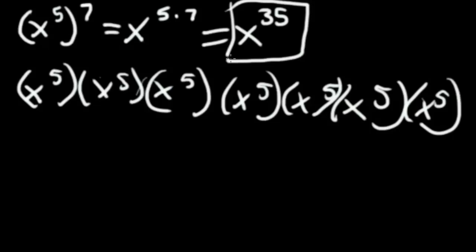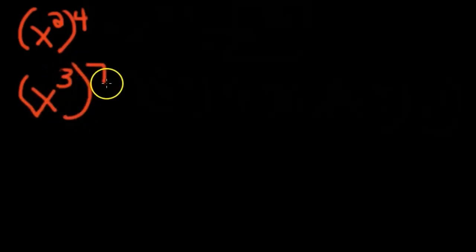Here are some other examples that we could try. Now take some time and try these problems on your own. Alright, let's try these problems. X to the 2nd to the 4th power and x to the 3rd to the 7th power.